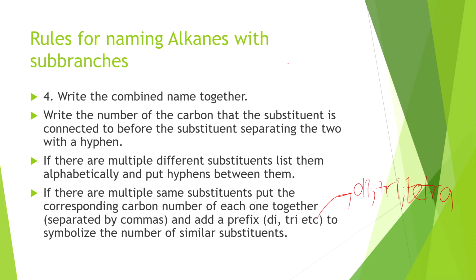So if we have two methyls, so dimethyl, versus one ethyl, the ethyl would still go before the dimethyl because E is still before M, and this di part is not included in the alphabetical ordering. And if this doesn't make sense to you yet, we will have examples later on to demonstrate this.